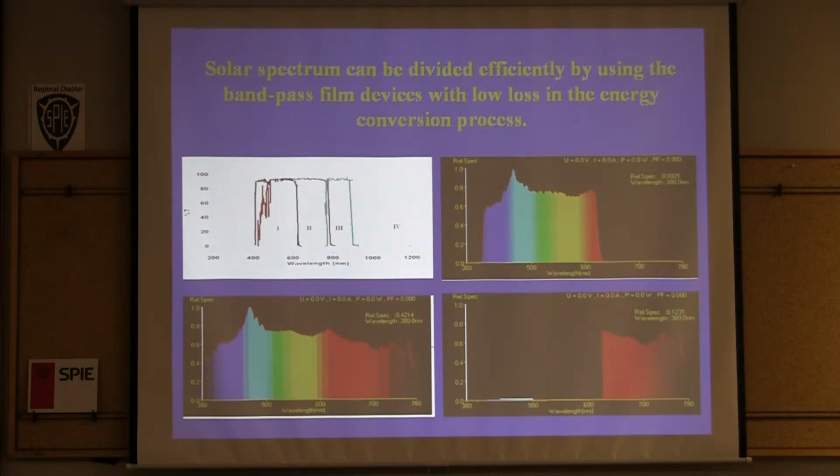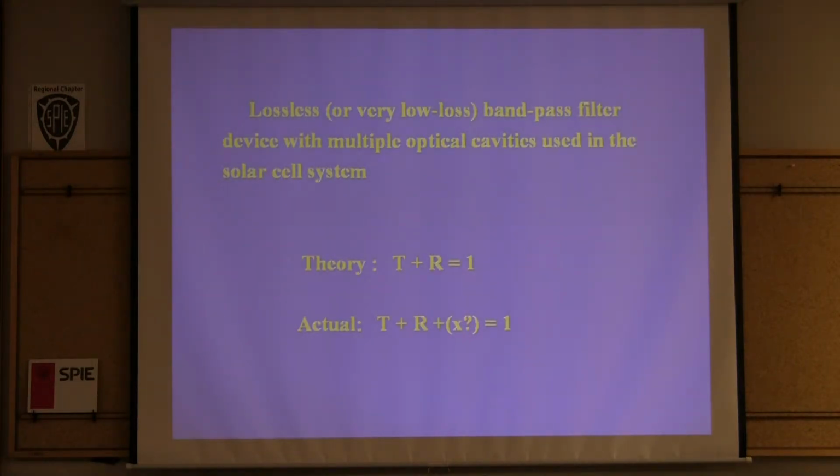This is three filters there. There are problems with the loss of the filter, because we asked another center and a company to make them for us, not like telecommunication. Telecommunication designs filters with very low loss.